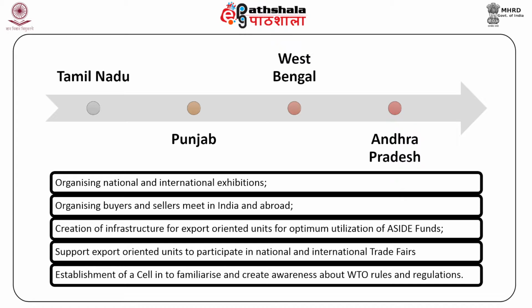The West Bengal State Export Promotion Society, working in close collaboration with export promotion councils and trade promotion organizations, establishes contacts with buyers abroad and helps in resolving overseas complaints and trade disputes.